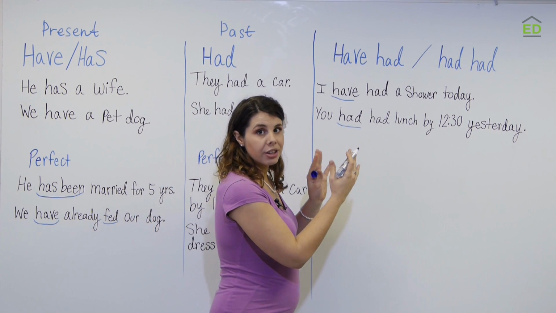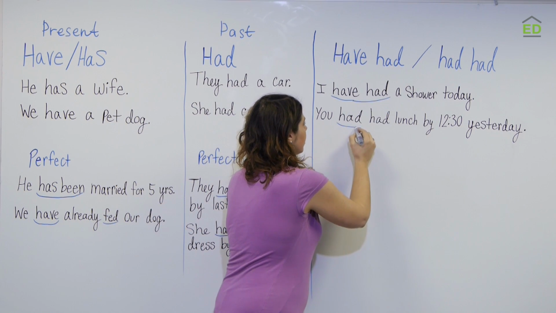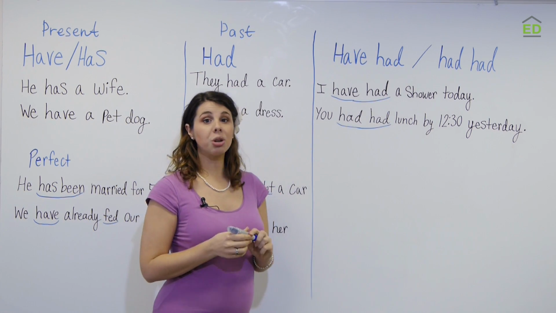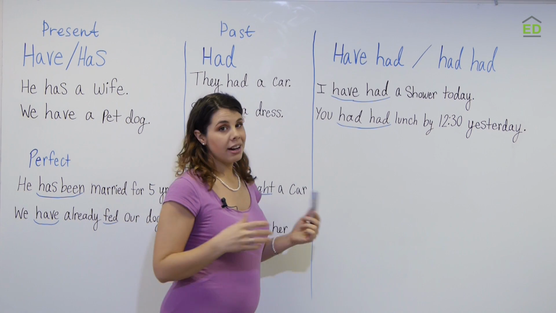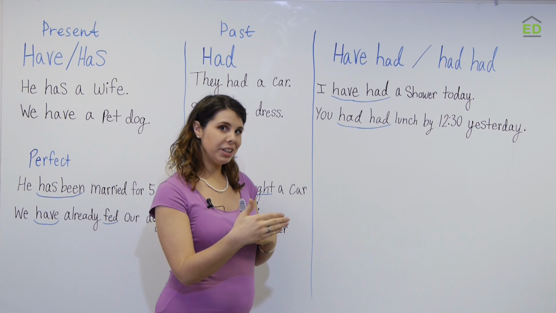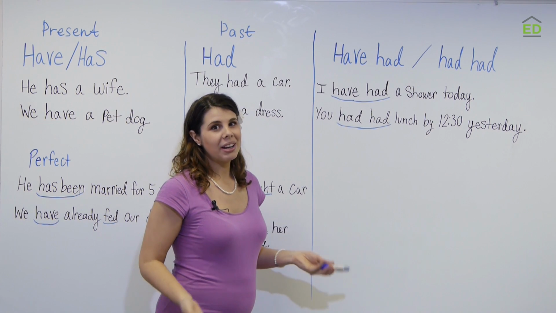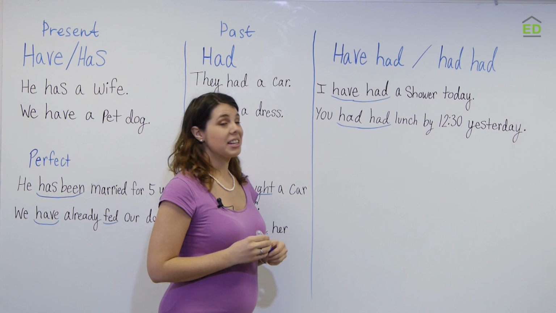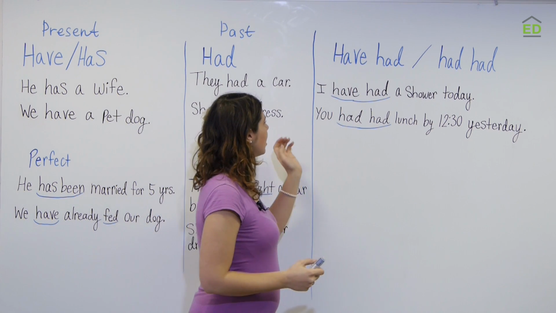And they go together just like in these ones over here. Partners to create this meaning and this tense. And as you know, if you look at your list of irregular verbs, have is an irregular verb, and the third form of that is had. So that's why it looks like this.